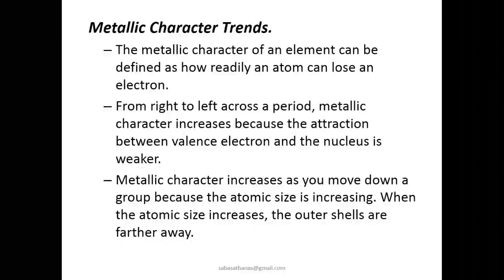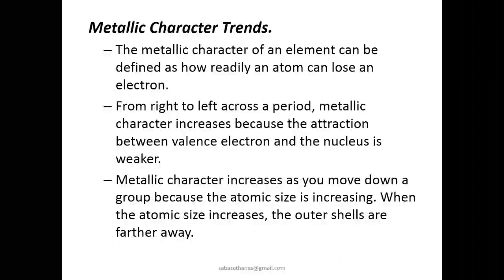The metallic character trends. The metallic character of an element can be defined as how readily an atom can lose an electron, and from right to left across the period, metallic character increases because the attraction between valence electrons and the nucleus is very weak. Kwa unakuta ukitoka kulia kuja kushoto, lakini kutoka kushoto kwenda kulia unakuta ile metallic character inafanyaje? Inapungua. Kwa sababu gani inapungua?